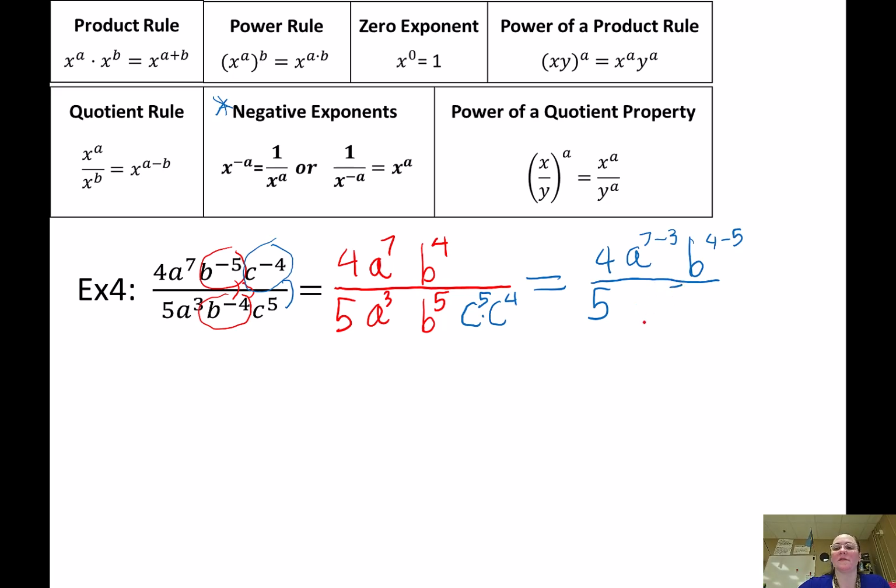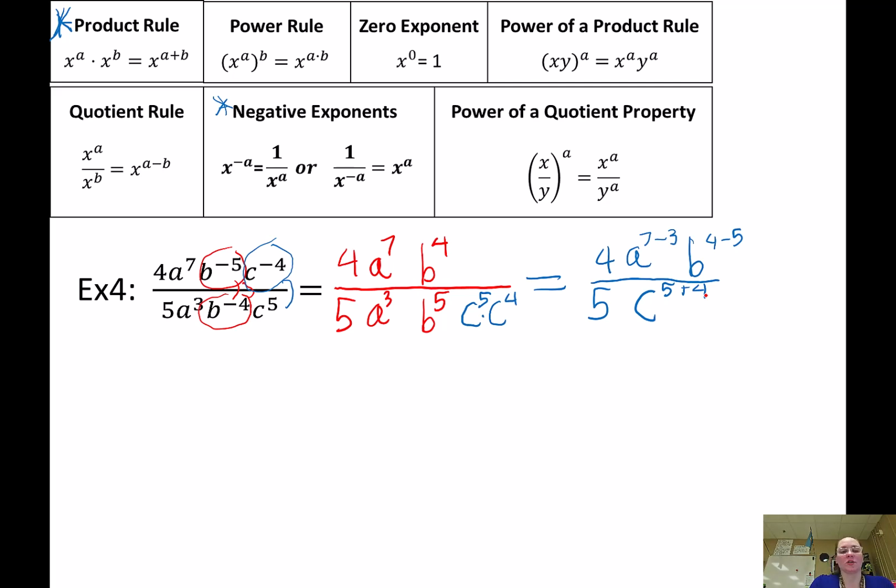Now, the c to the 5, this right here, is going to be using our product rule. And I can go ahead and work the same. So that's actually going to be c to the 5 plus 4.